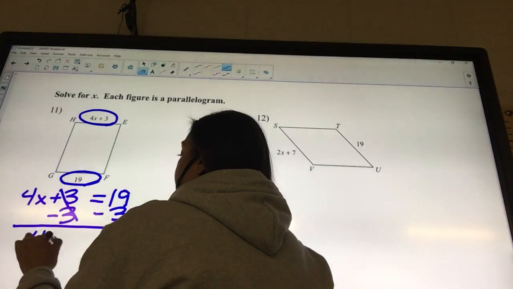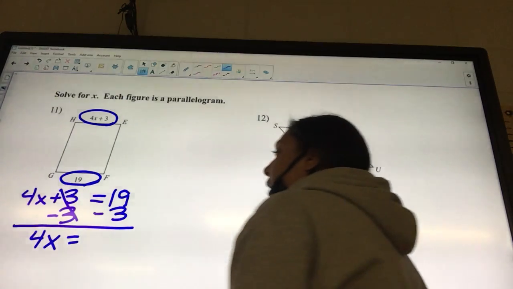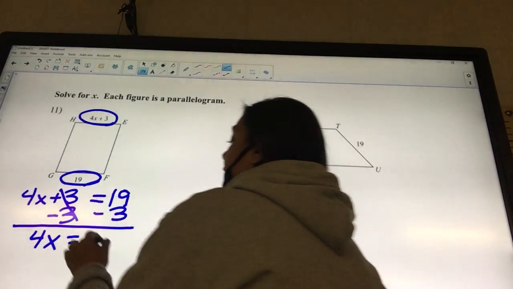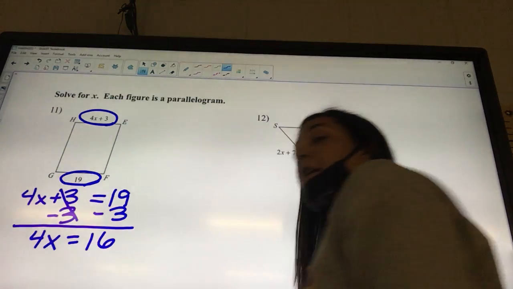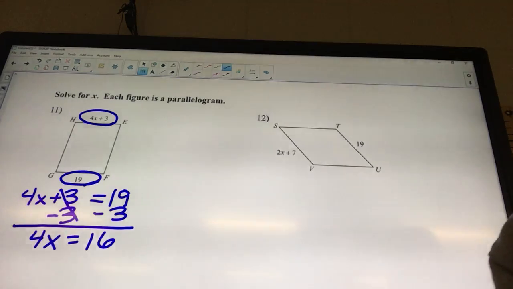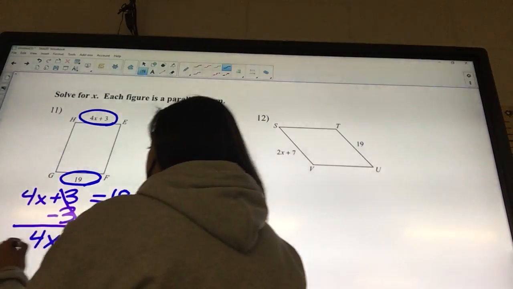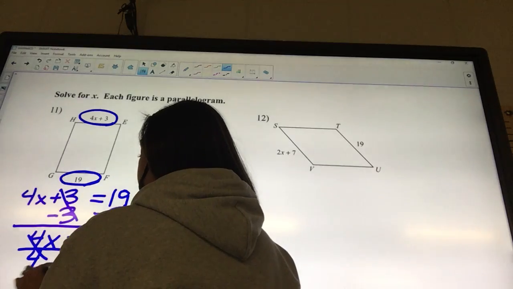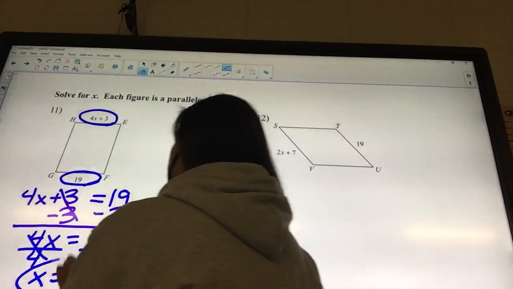So I got 4x equals 19 minus 3, which is 16. And then what's our next step? Divide. 16 divided by 4 is 4.